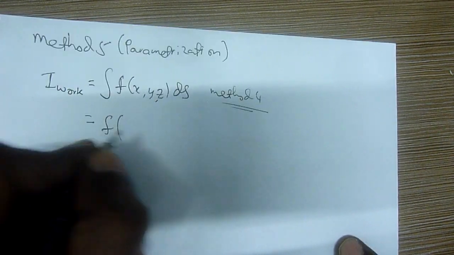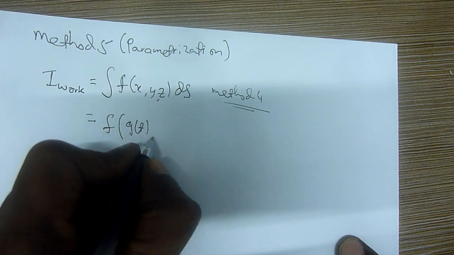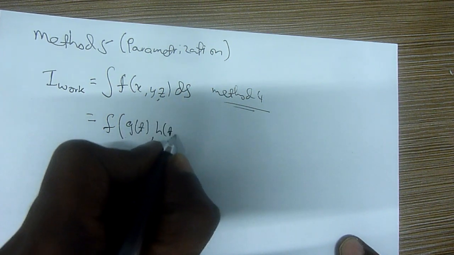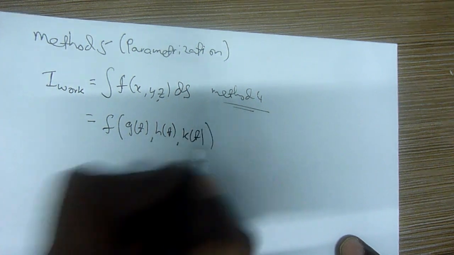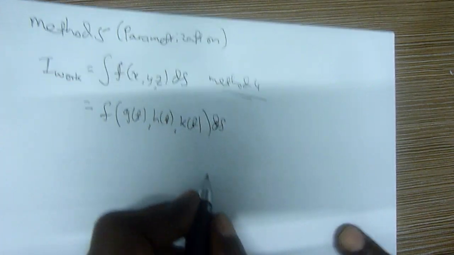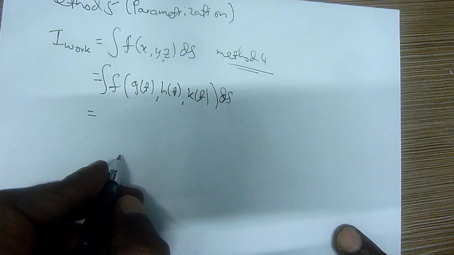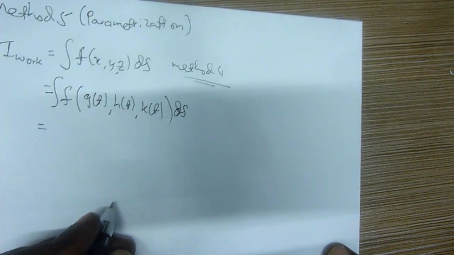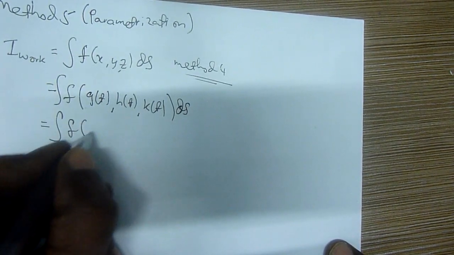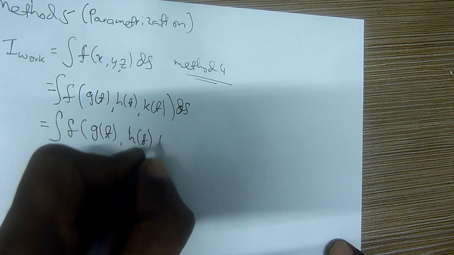Parametric, this x is represented by g t, y by h t, then k t. For the ds here, x representation and ds, again I need g t, h t, k t.